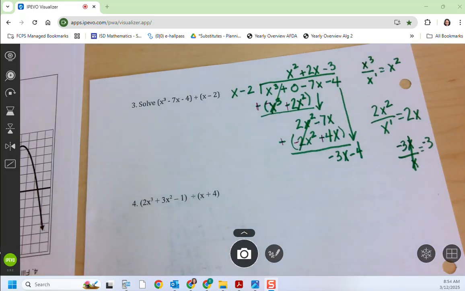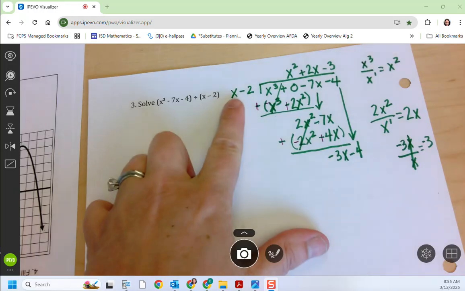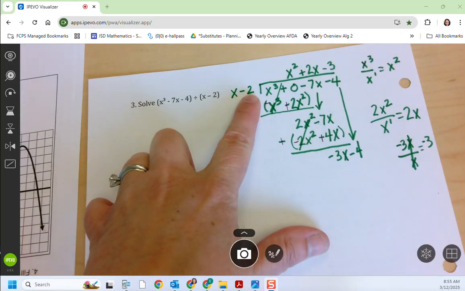And then we have to multiply. What am I going to multiply the negative 3 times? Who knows? What do you multiply the negative 3 times? The 1 what? 1x, right? And then minus 2.